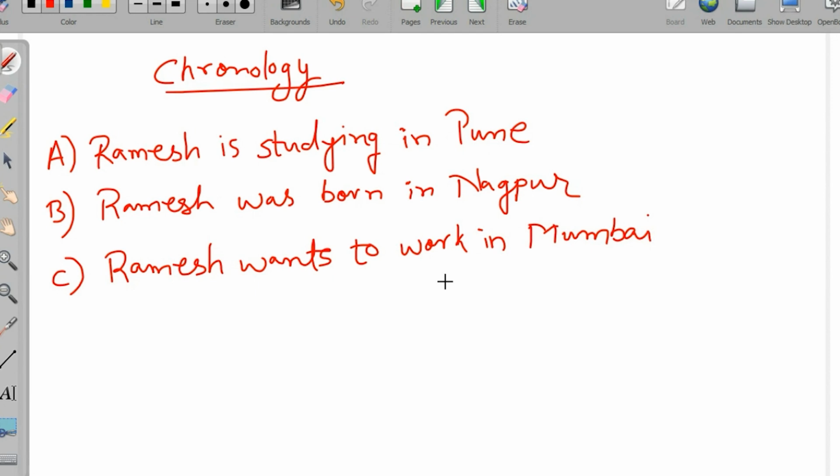Now, observe the three statements over here. Ramesh is studying in Pune, Ramesh was born in Nagpur, and Ramesh wants to work in Mumbai. Observe the statements now for a couple of moments.